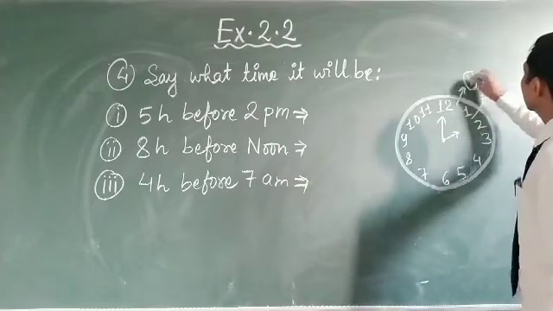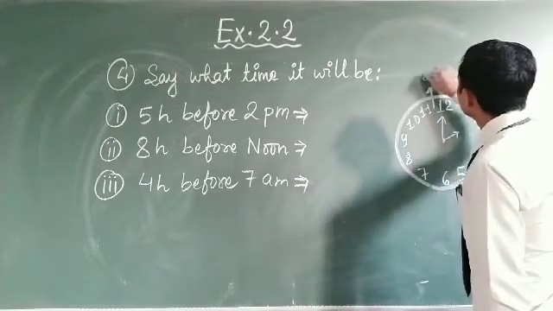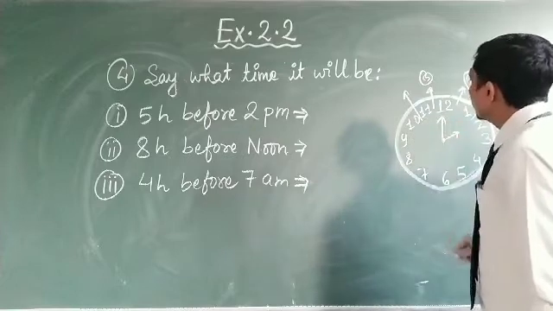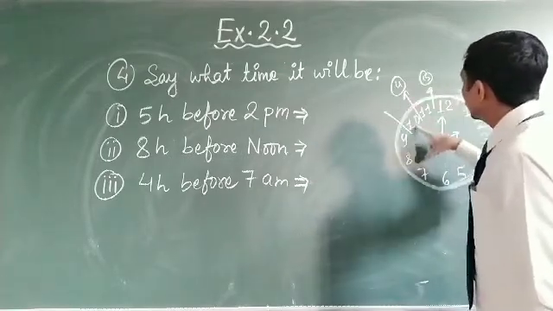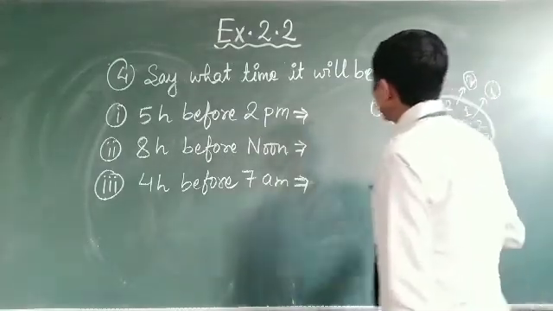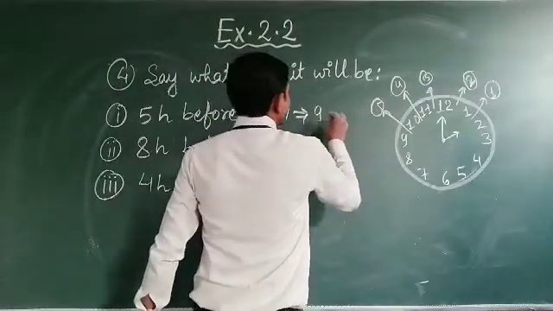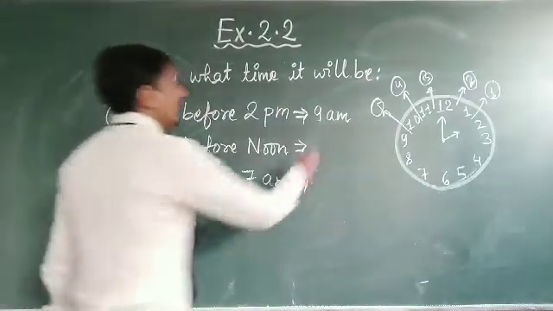So 2 hours time, and 12 o'clock to 11 o'clock, that is 3 hours time, and 11 o'clock to 10 o'clock, that is 4 hours, and 10 o'clock to 9 o'clock, that is 5 hours. So 5 hours before 2 p.m. is 9 a.m. So our answer is 9 a.m.